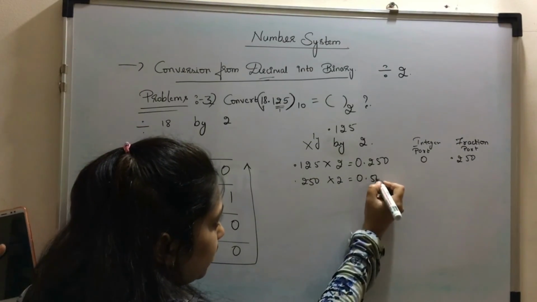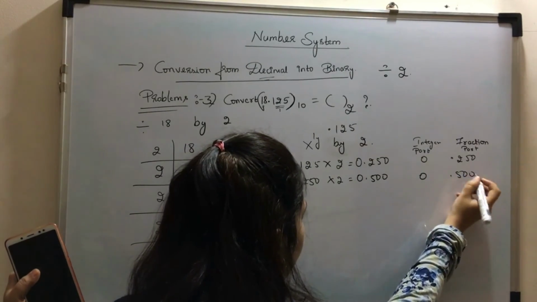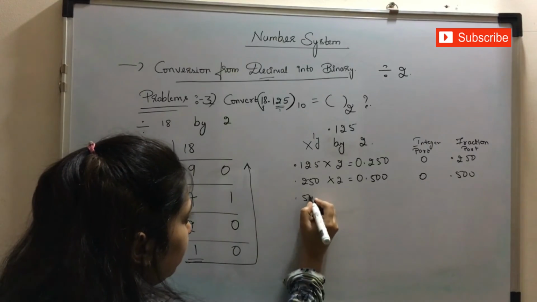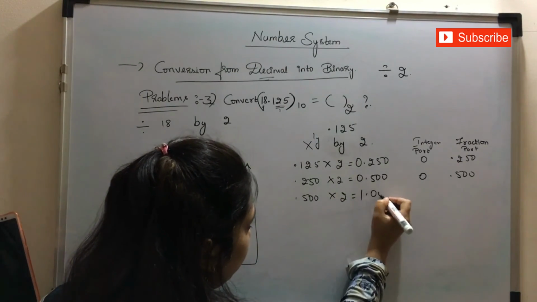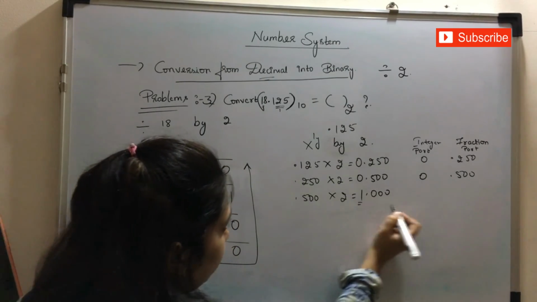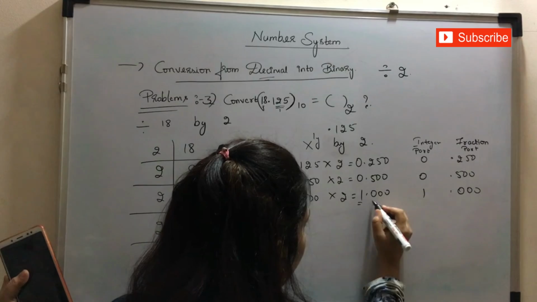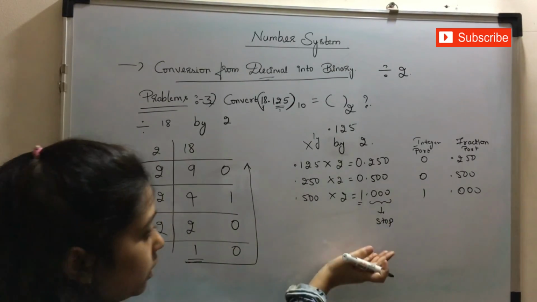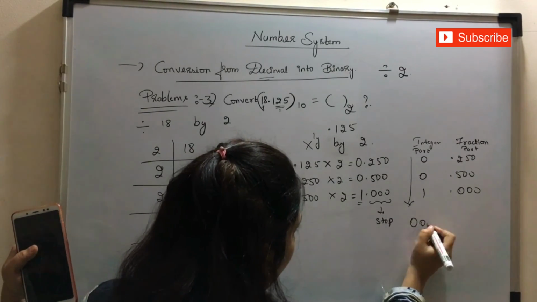That is 0.500. So 0 is the integer part and 0.500 is the fraction part. Again multiply this fraction part by 2. That is 1.000. So 1 is the integer part and the fraction part is 0. So now we have to stop. In this case we have to write from top to bottom, that is 001.